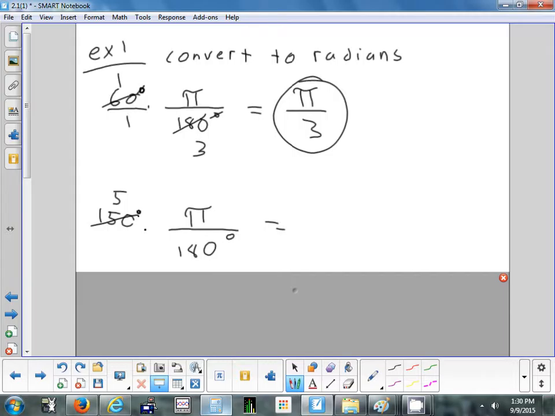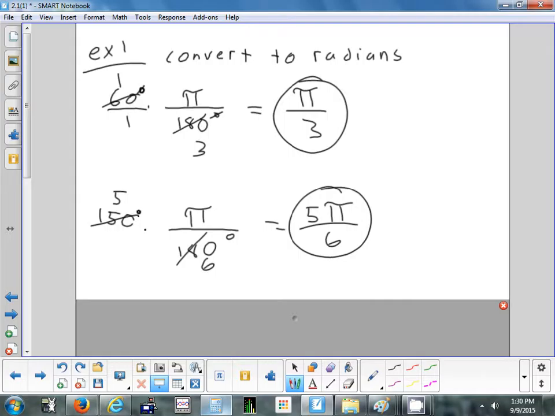So this is the same problem with just a 0 on the end. So our final answer here is going to be 5 times pi over 6. Again, I know it's in radians because I'm talking about an angle, and there's not a degree symbol.